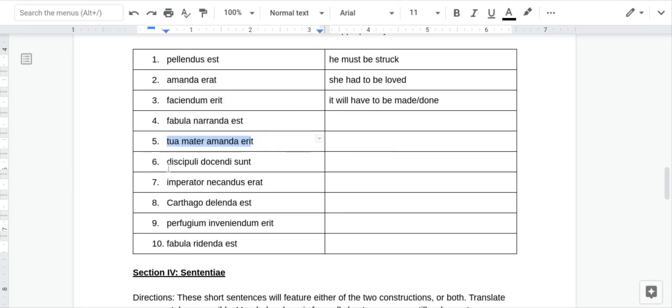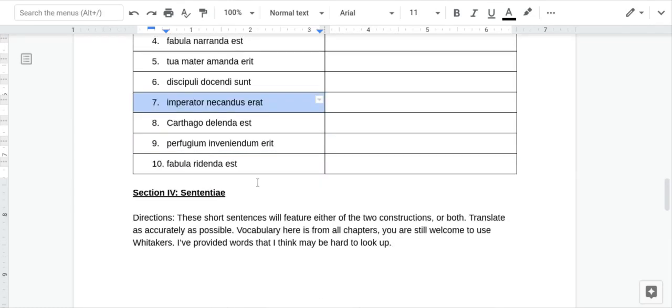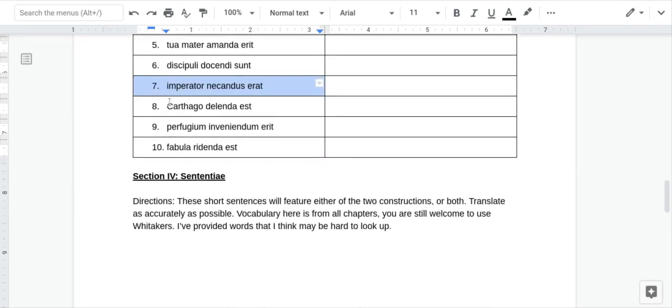Number 6, the students, est is present, so the students must be taught. The commander had to be killed. Erat is in the past, so had to be. The Carthage must be destroyed. Classic phrase: Carthage must be destroyed.